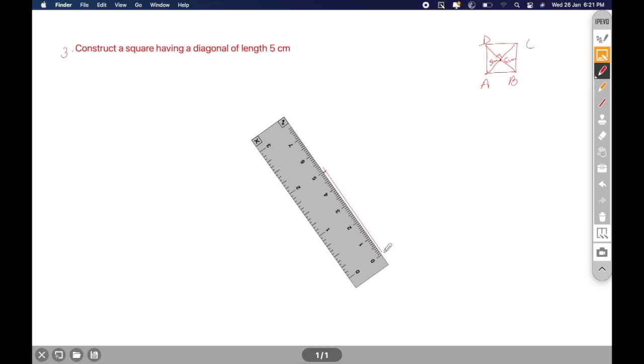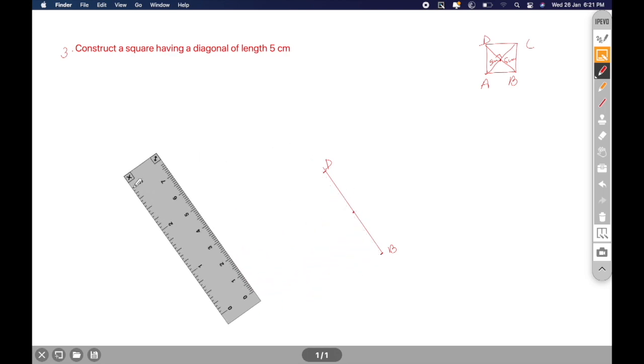And this is the point B and this is the point D. I am drawing this diagonal BD and we can see the midpoint of the diagonal is 2.5. So let me mark the midpoint also.